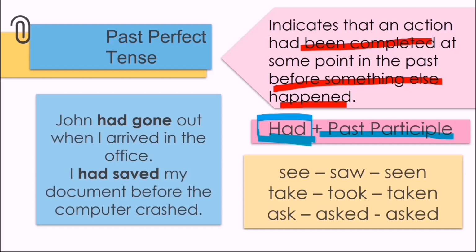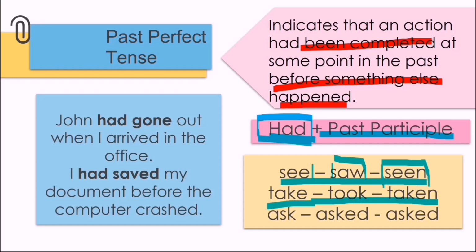For example, for the past participle: see, saw, seen. This is the base form of the verb, this is the past form of the verb, and this is the past participle. Next, take, took, taken. Okay?